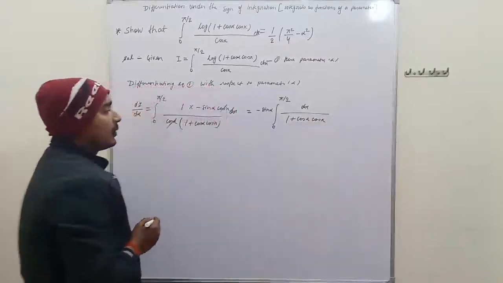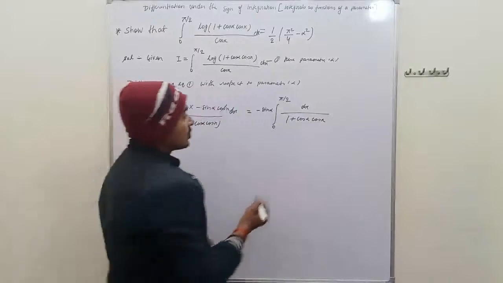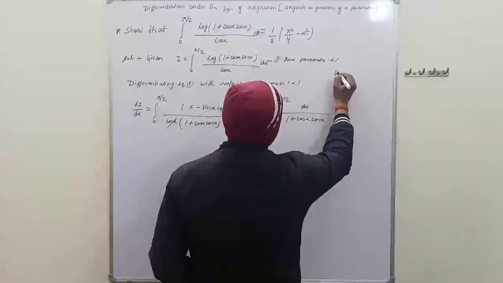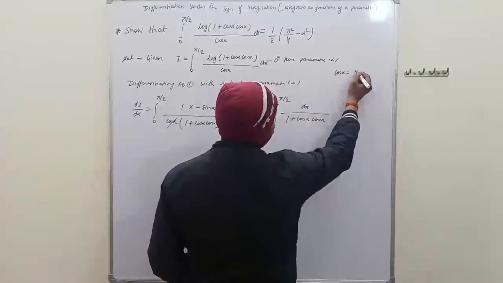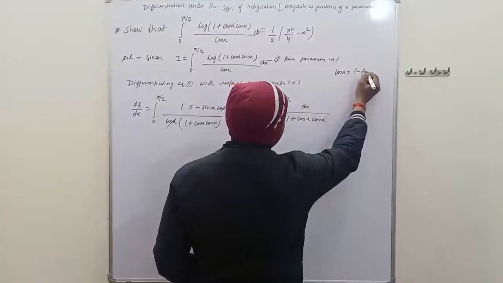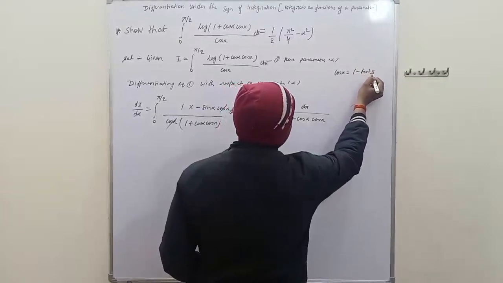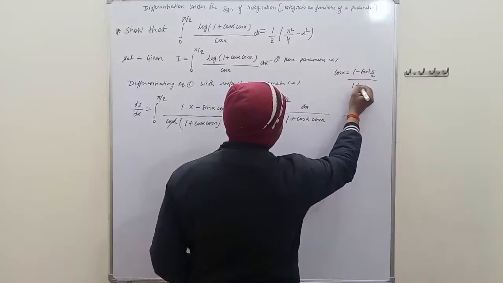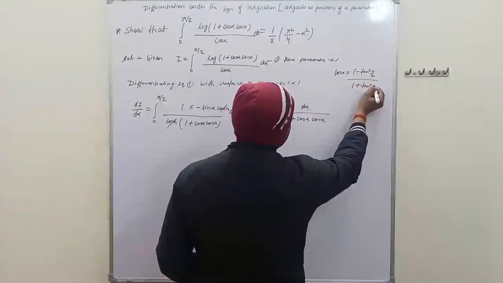Further we have to use that cos x is given by (1 minus tan square x by 2) upon (1 plus tan square x by 2).